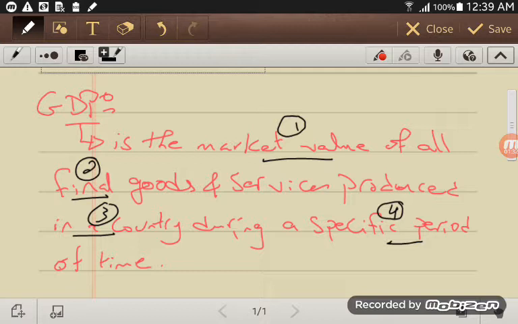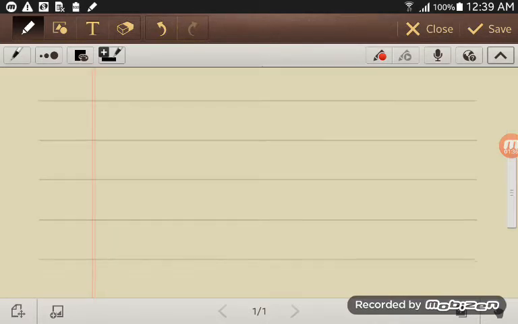Then we talked about the circular flow model and the connection between the four sectors of the economy through the three markets.